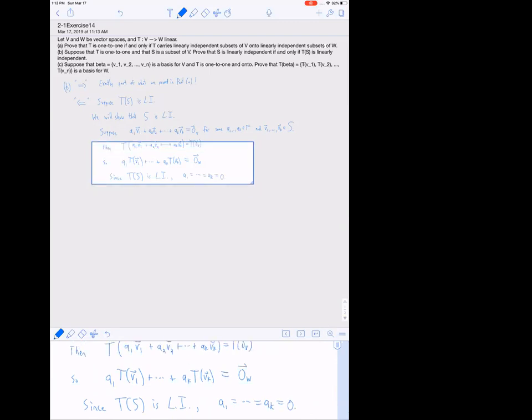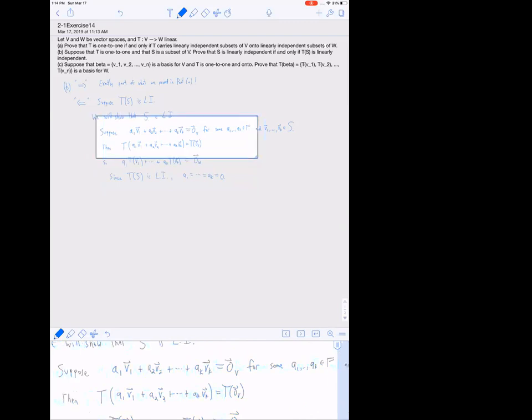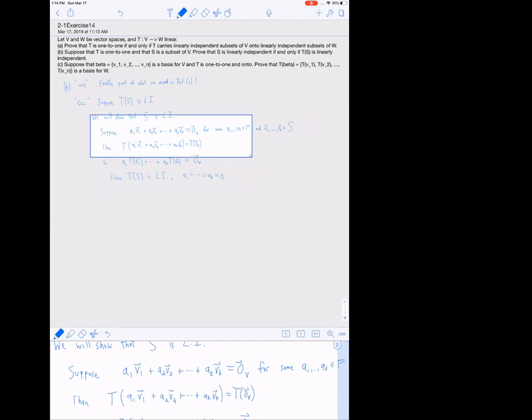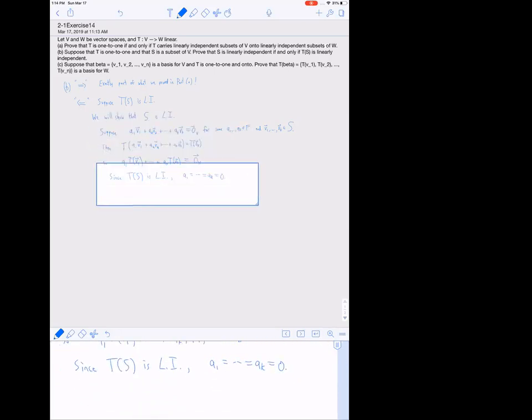But of course, these are the coefficients that we started with when we were describing the 0 vector using vectors from S. So really what we've shown is that if we start representing the 0 vector using vectors from S, the coefficients we used must all be 0.